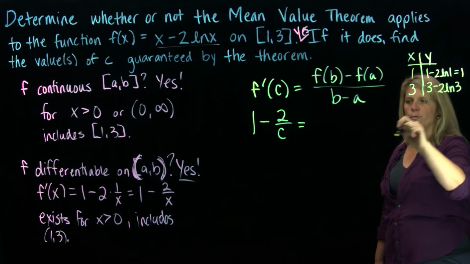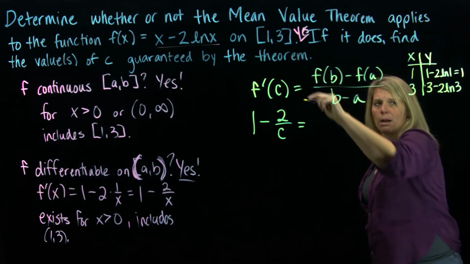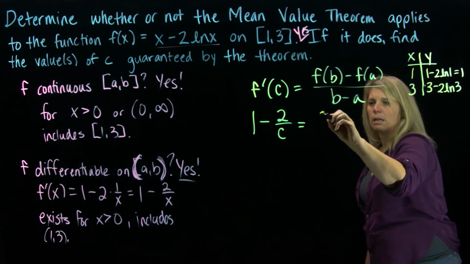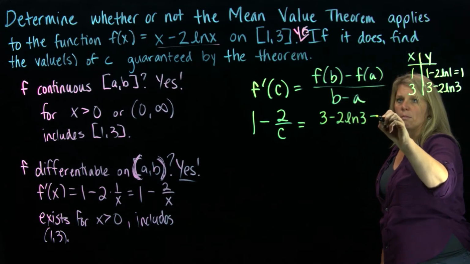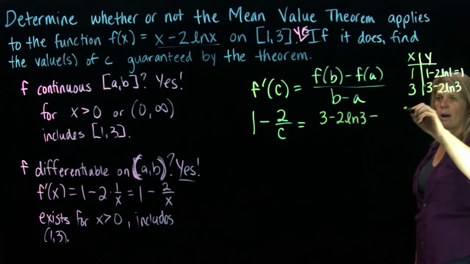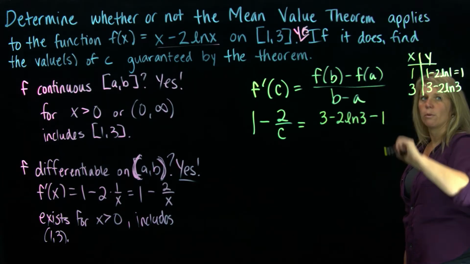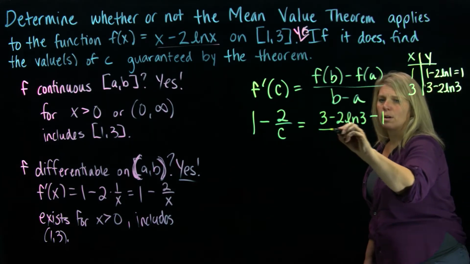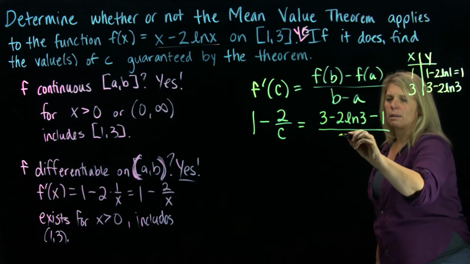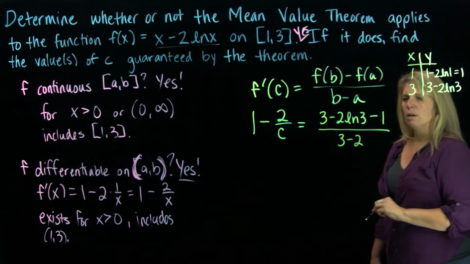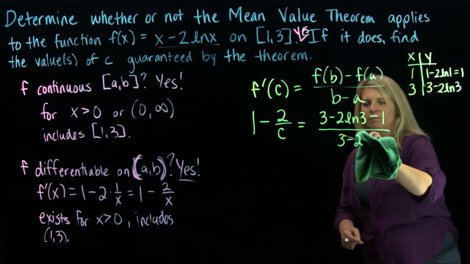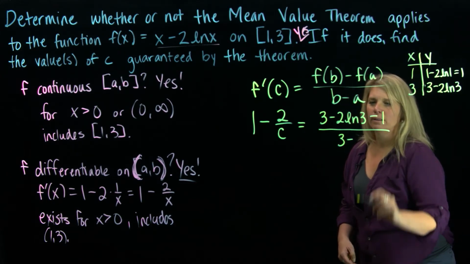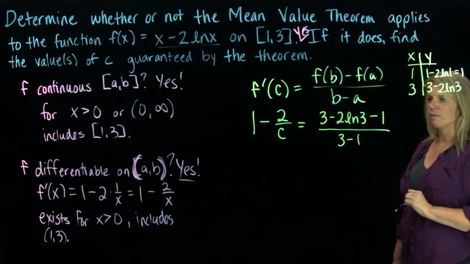So my f of b, that's my f at my right endpoint, is 3 minus 2 ln of 3 minus f of a. That's my output when I put in the left endpoint of the interval, over b minus a, 3 minus 1. My right endpoint is 3. Good to catch that mistake before we get too far here.